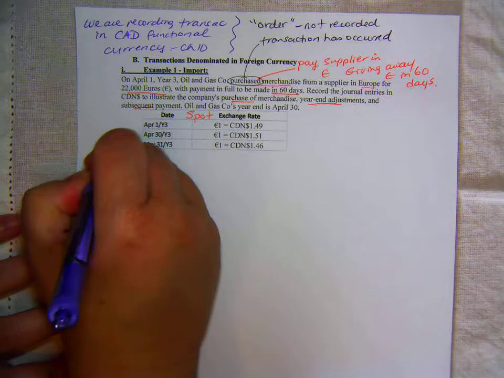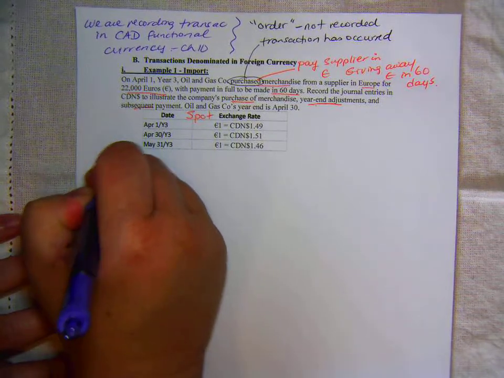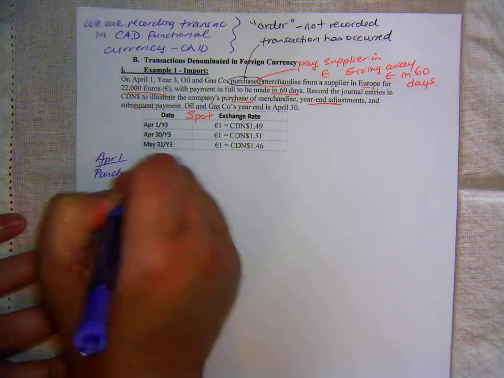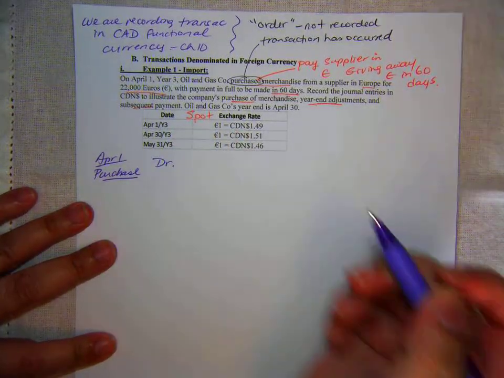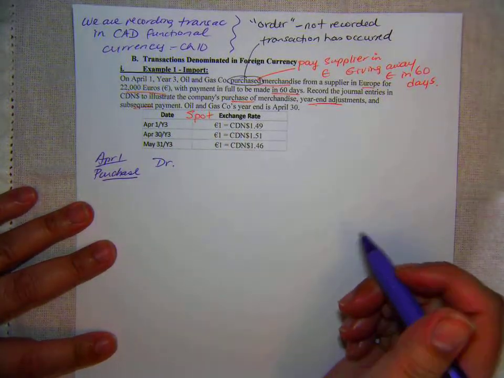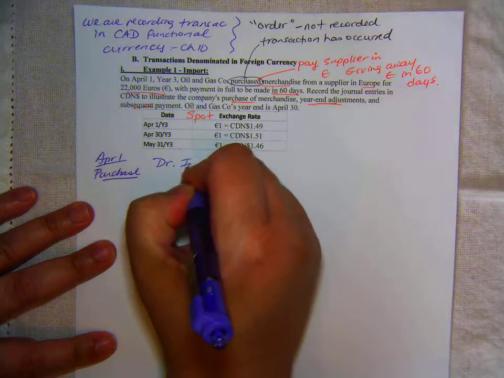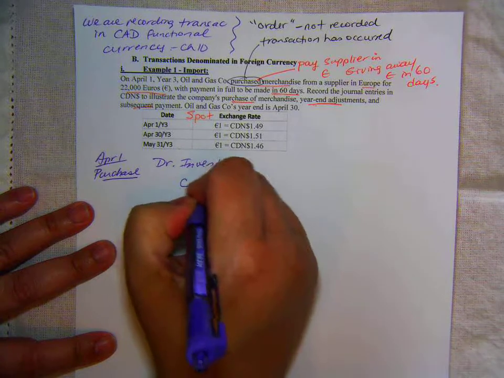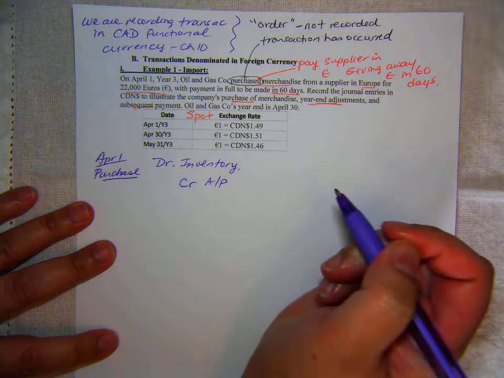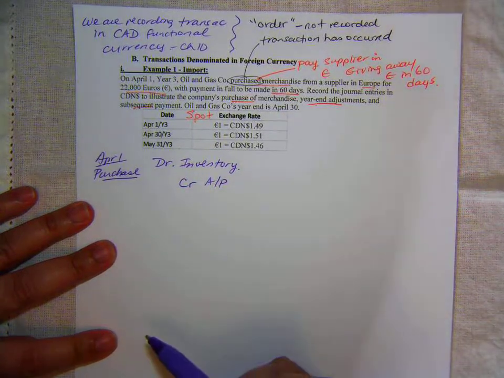So April 1st was the purchase. Not an order, it was a purchase. So what are we buying? We purchase merchandise, so we're going to debit inventory. And we're going to credit accounts payable because the payment's not going to be made for 60 days.